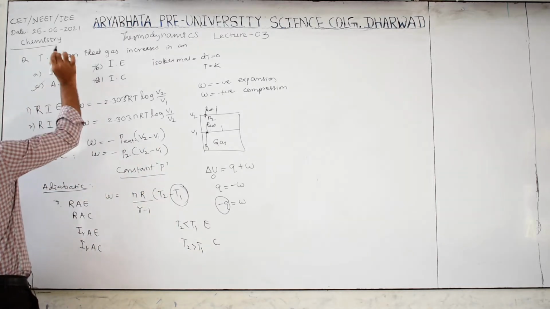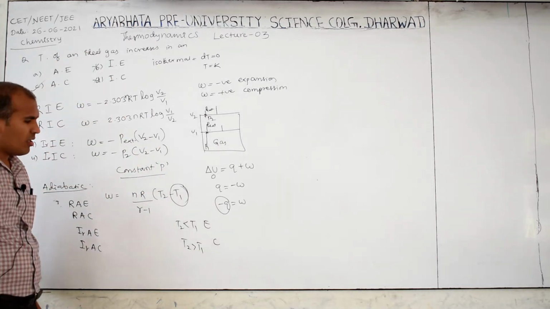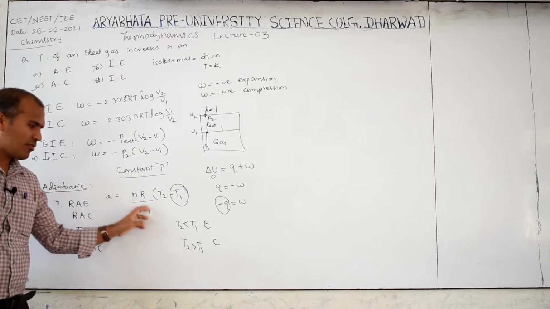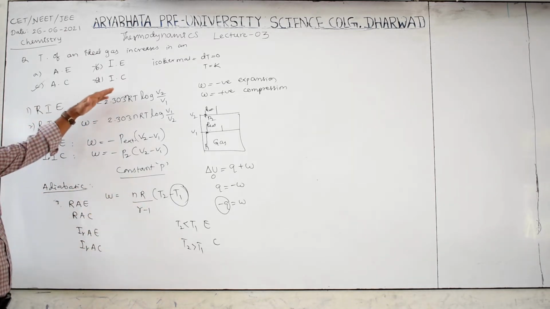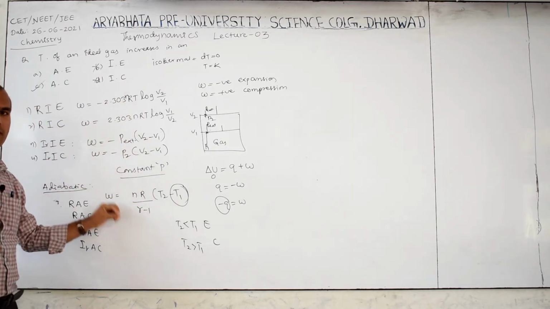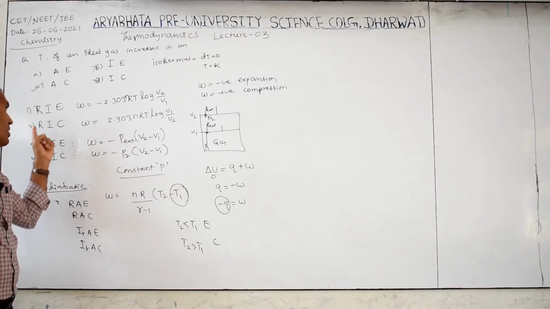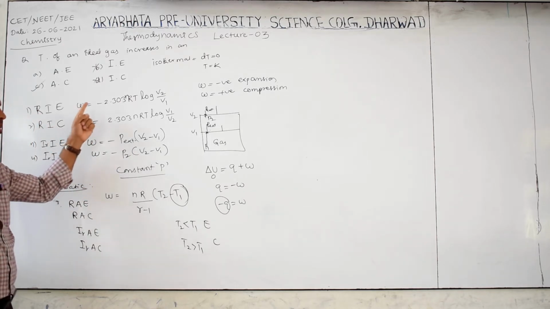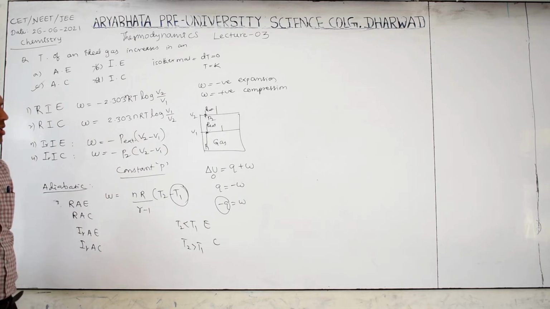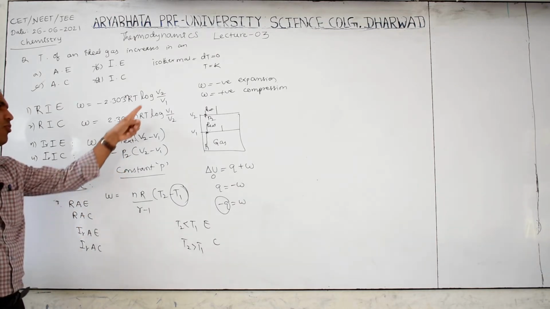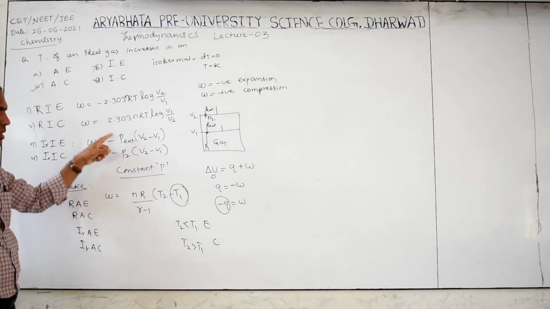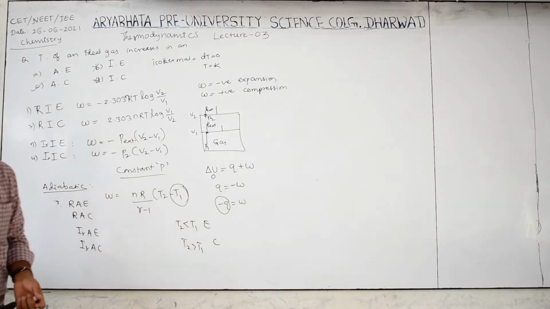Therefore, simply, the answer is compression. Actually, I could directly write this, but to explain the purpose of these formulas I gave all of them. Remember, directly they may ask a question, or they may give volume or pressure, and ask for the work done or heat also.